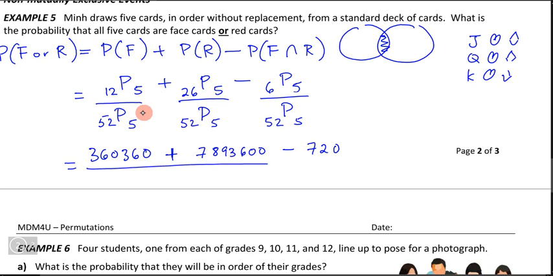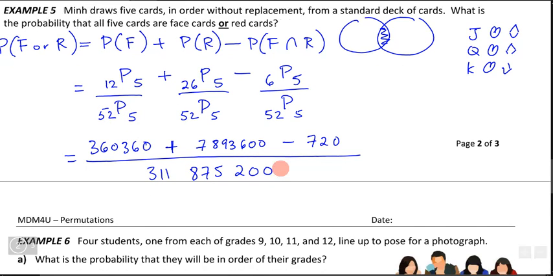And the total number of ways to arrange 5 cards from a deck of 52 is 311,875,200. That bottom number there is quite significant. This tells me how many possible poker hands you can have in a game of poker when you're dealing 5 cards from a set of 52. So 311 million possibilities.